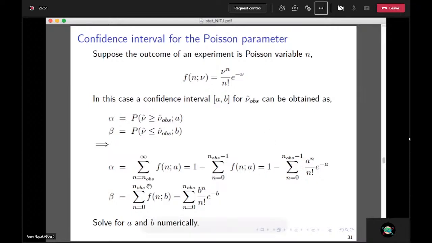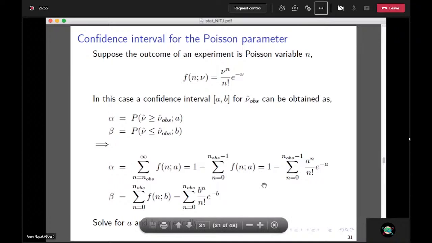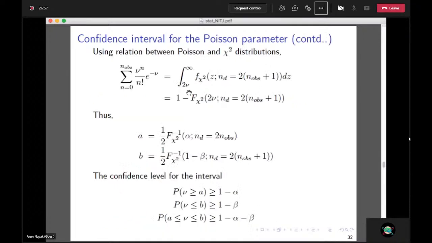And similarly for the beta also you can write, and then there is a relation between the Poisson distribution and the chi-square distribution. So if you sum over this Poisson distribution from 0 to n observed, this is related to the chi-square distribution like this, with number of degrees of freedom as twice n observed plus 1, and that will result in 1 minus CDF of the chi-square distribution.